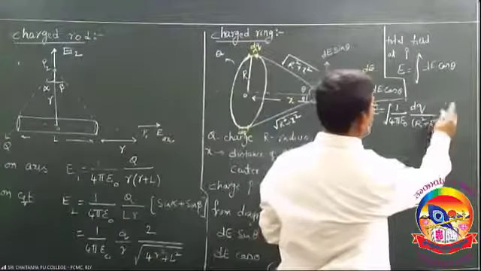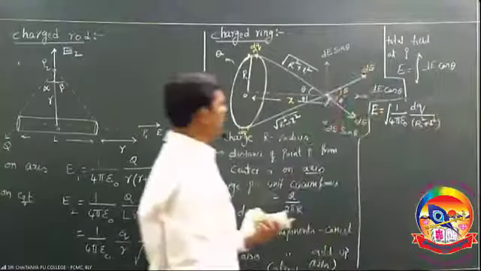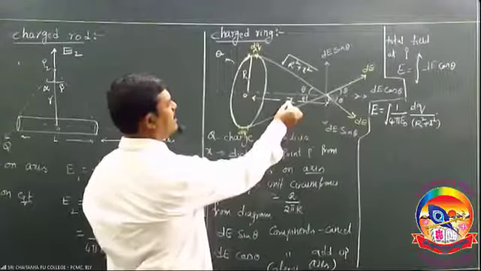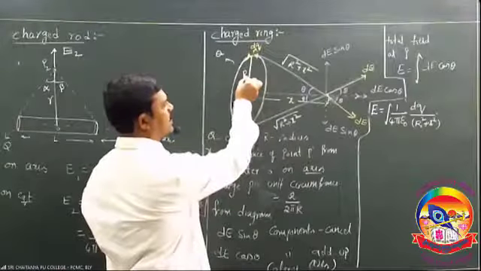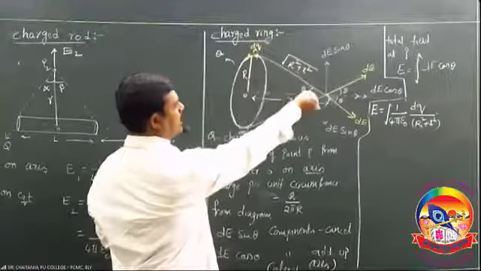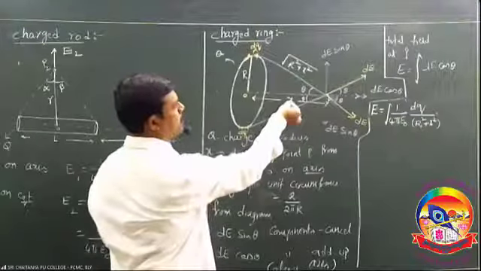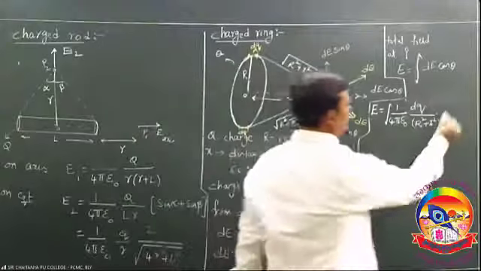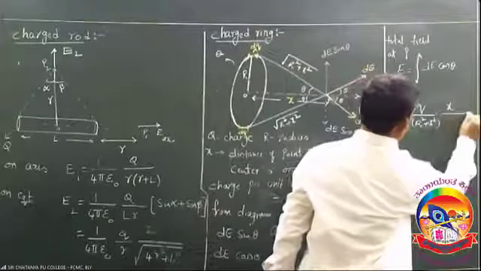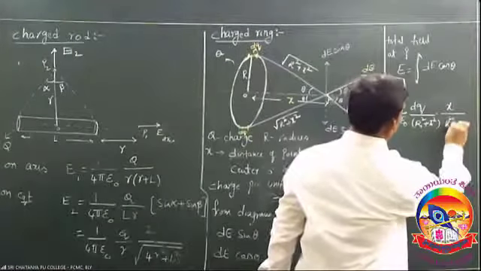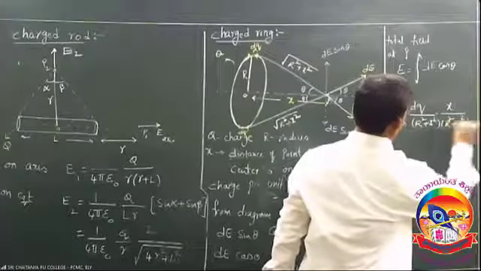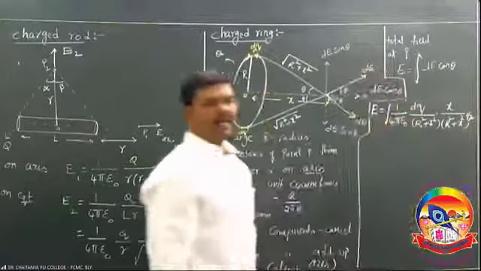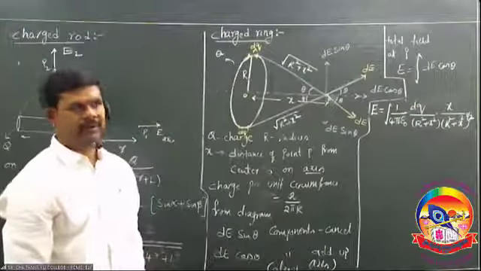From the diagram, what is cos theta? This is the adjacent side, this is the opposite side, this is the hypotenuse. Then cos theta is equal to x by root over r square plus x square, that is x by r square plus x square to the power half.